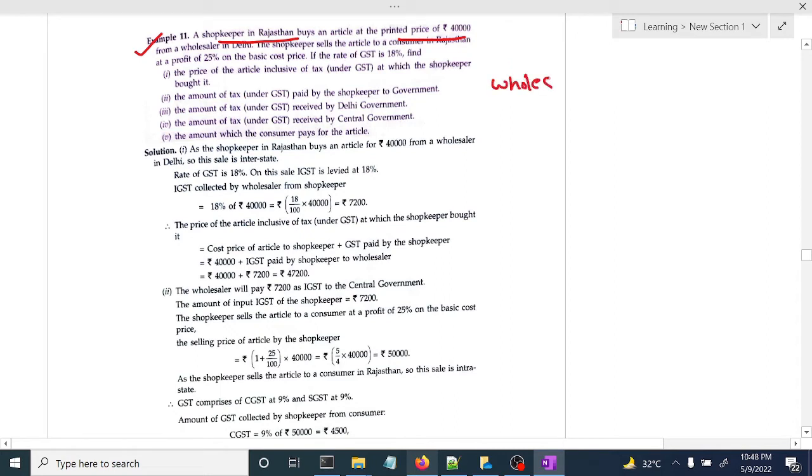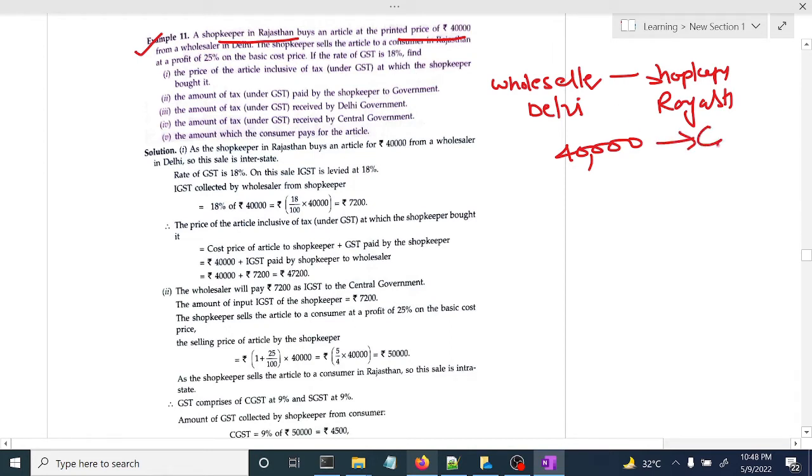So there is a wholesaler in Delhi and a shopkeeper in Rajasthan. The shopkeeper buys the article for 40,000 rupees, and sells it to a consumer in Rajasthan only at a profit of 25%.